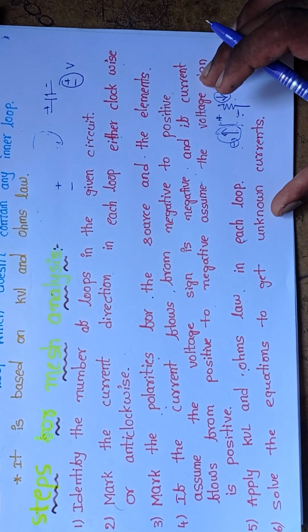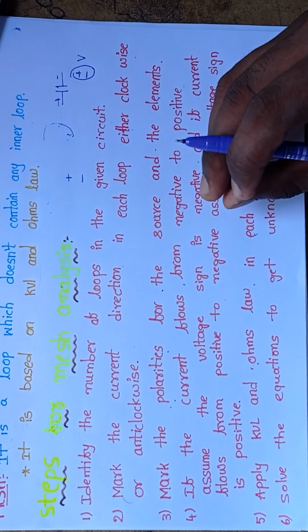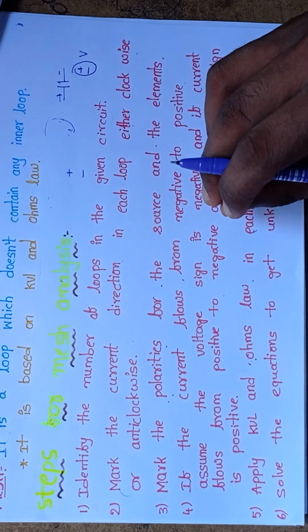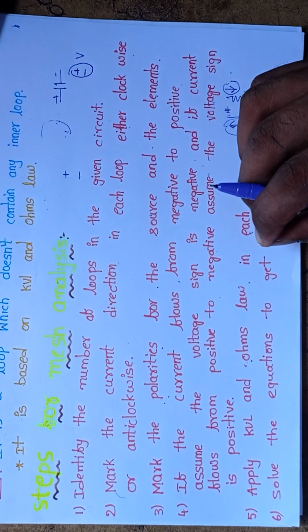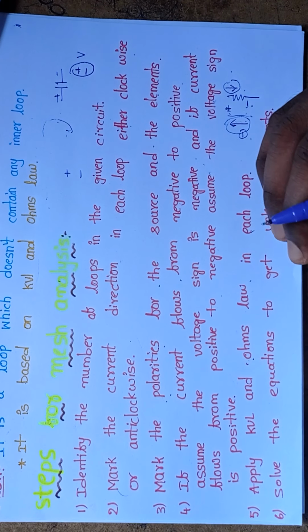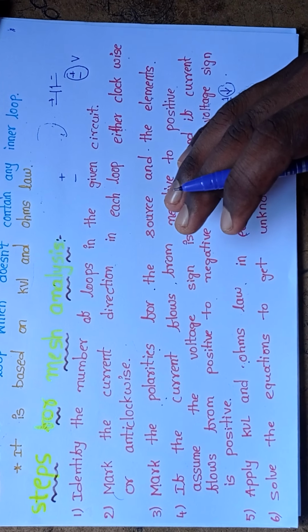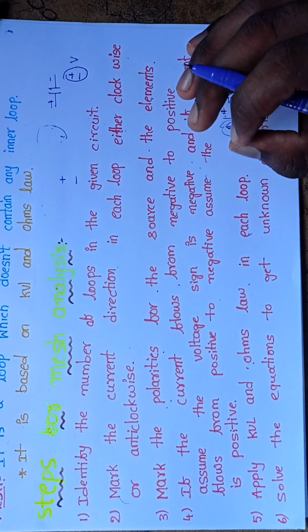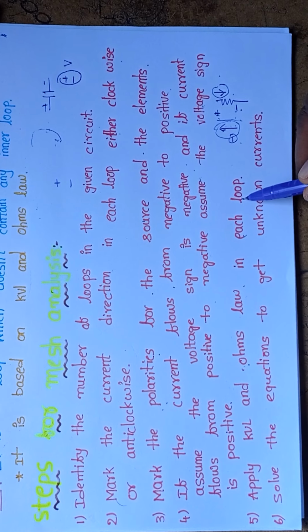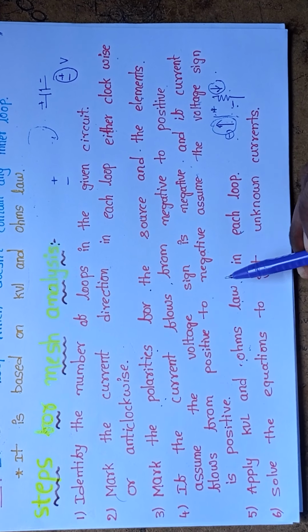Then we get equations. For one loop we have one equation, for two loops we obtain two equations, and for n loops in a circuit we obtain n equations.